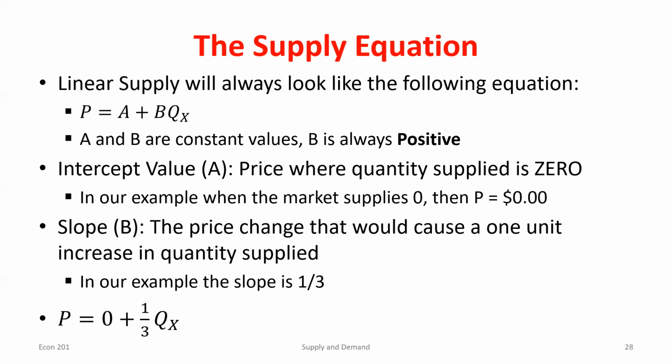Okay? Unlike demand, we no longer have a negative value for B because our slope is now positive. So now our slope B for our supply curve will always be a positive value, right? Reflecting this upward sloping line. Okay? Other than that, it's the same kind of idea.